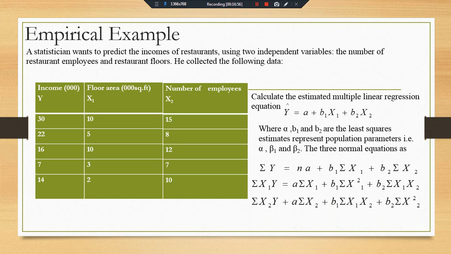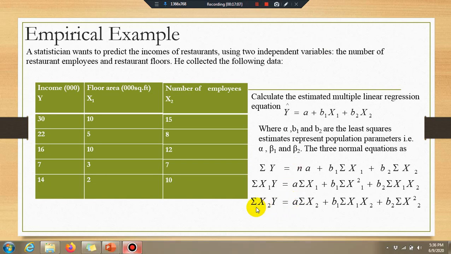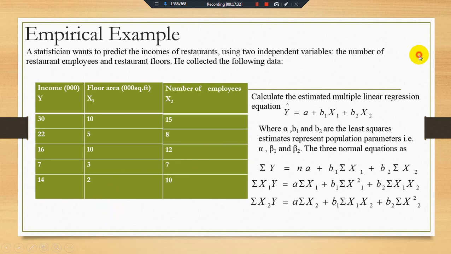Now the third equation: summation x2 y is equal to a summation x2 plus b1 summation x1 x2 plus b2 summation x2 square. We know that these three normal equations come from the partial derivative of the error term, the square of the error. Now we solve this example.